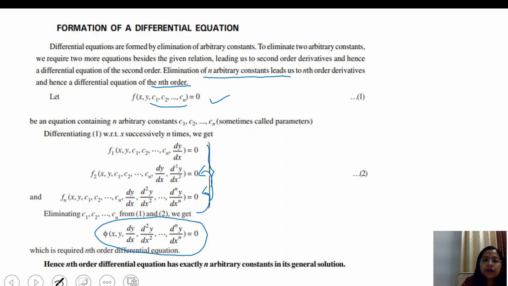I'll show you how, by removing the arbitrary constants, we can establish a differential equation. For example, I have the solution y = c1 + c2x + c3x² + c4x³.